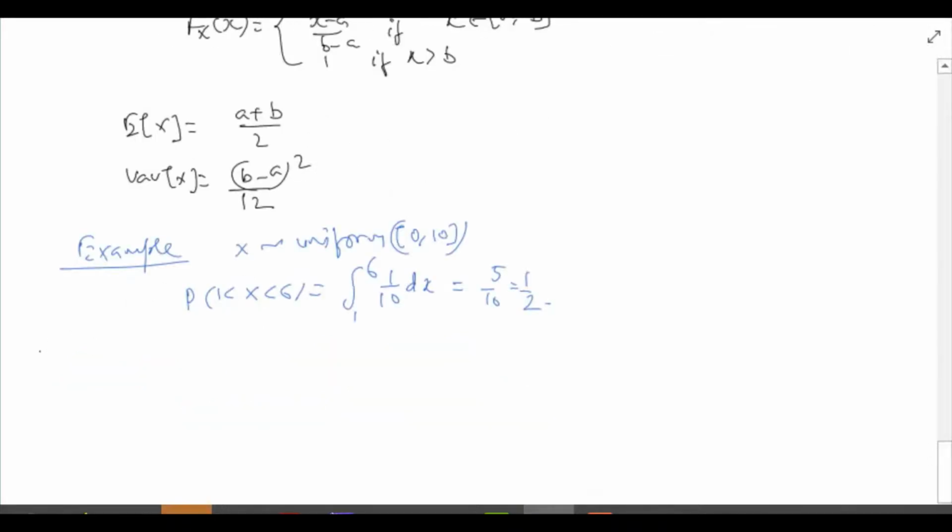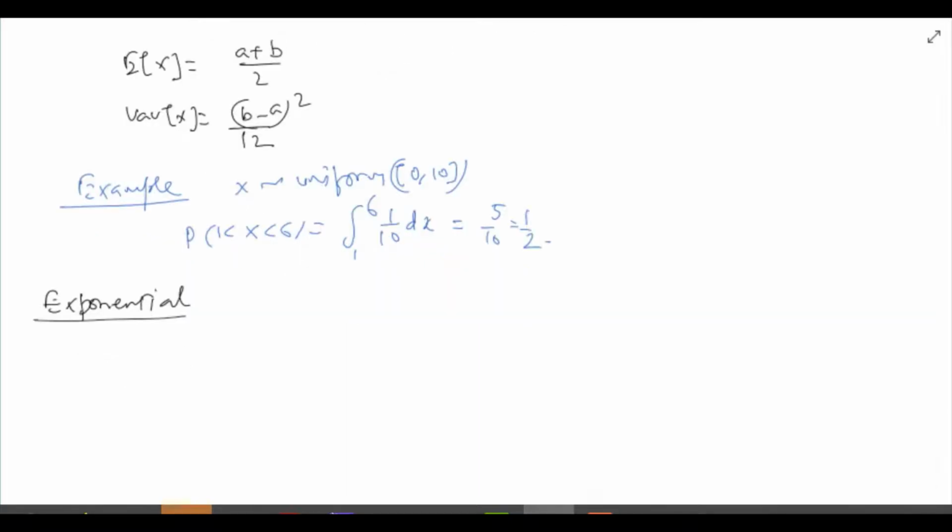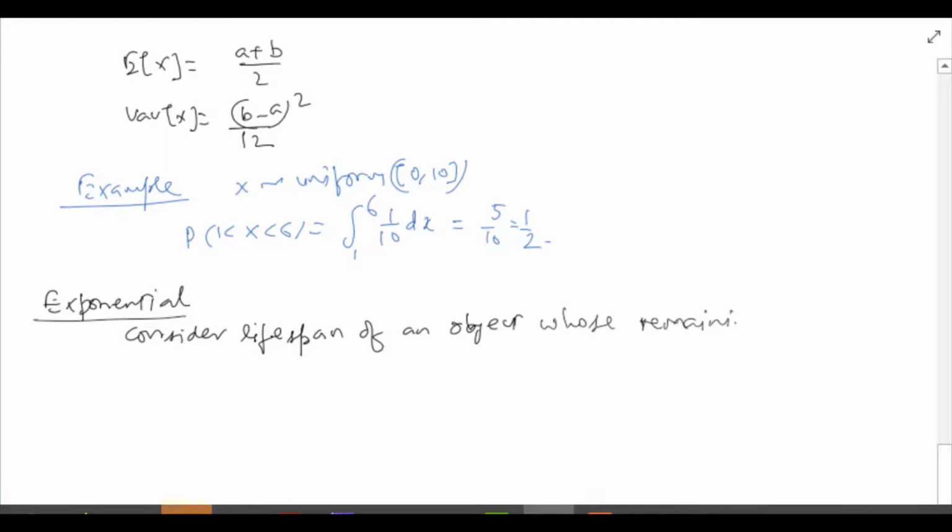Next we see a very common distribution called the exponential distribution. To understand the exponential distribution, consider the lifespan of an object whose remaining lifetime does not depend on its age.